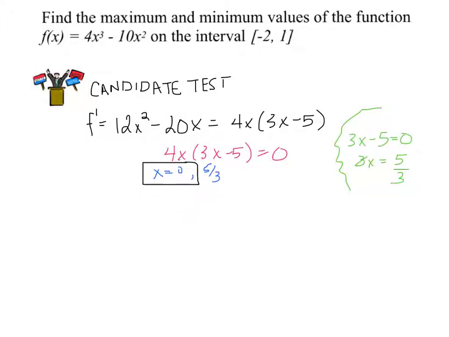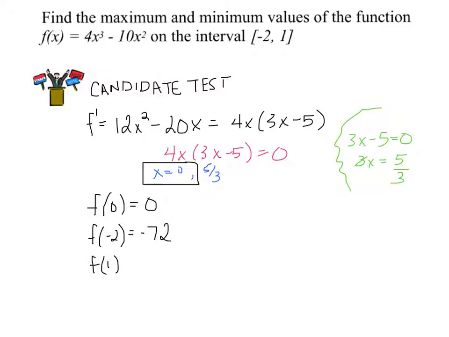So, absolute maxes and mins occur when the derivative is 0 or at an endpoint. So candidate test says, okay, let's plug in the critical point that we found. Let's plug in the endpoints that we have to the original function and see which one's the biggest and which one's the smallest. Well, if I plug in 0, I get 0. If I plug in -2, I get negative 72.